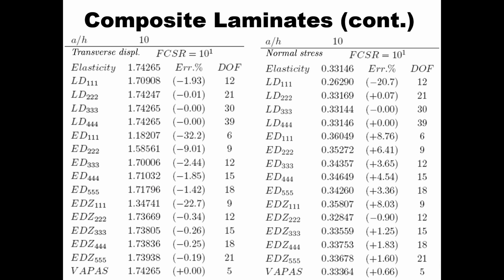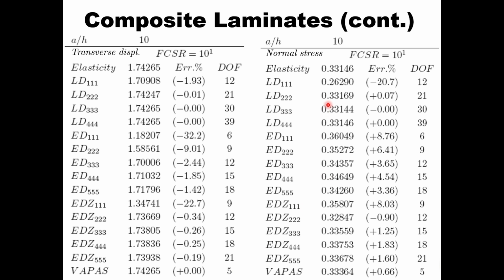Some of them that give the best results, for example, here's one that's 39 degrees of freedom per node, and it gives results that are right on top of 3D. But here's VAPAS with 5 degrees of freedom and gives the same answer. And this is for recovery of displacements.